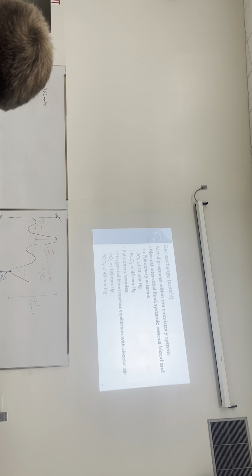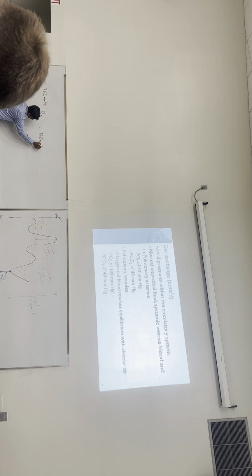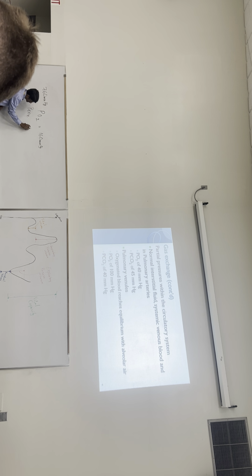But please also, I don't have it in this slide, but please also note, in the alveoli, we're not going to have that 160. So if I did oxygen, partial pressure of oxygen in air, it's about 160 millimeters of mercury, while the partial pressure of CO2 is going to be a lot less, 0.3%.